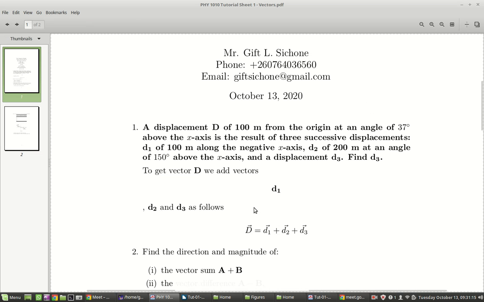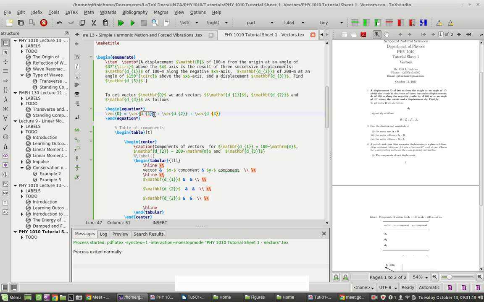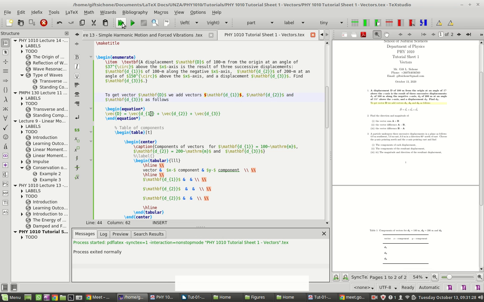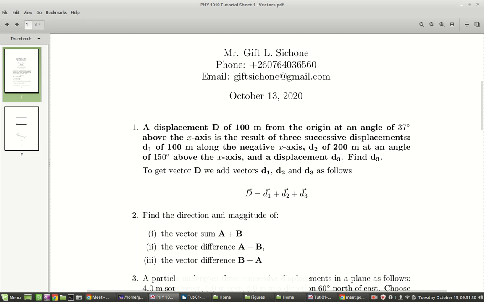So the question, I've put it in bold. Then the explanation I'm trying to offer, I'm typing under there. So basically, for us to get D, we need to add the other vectors, D1 plus D2 plus D3.